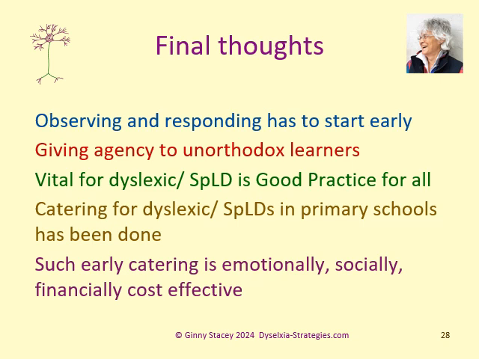And I've said that what's vital for dyslexic SpLD is good practice for all. So catering for dyslexics in primary school, it has been done. One of my colleagues did this very, very successfully. And it works. And such catering is emotionally, socially, and financially cost effective. So let's go for it. It can be done, and it's to the benefit of all.